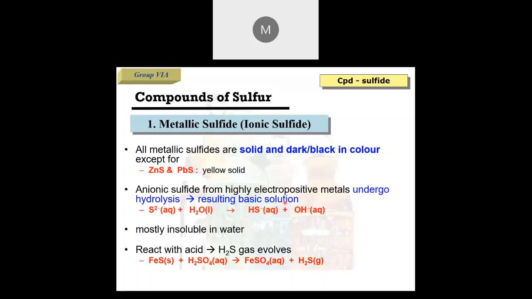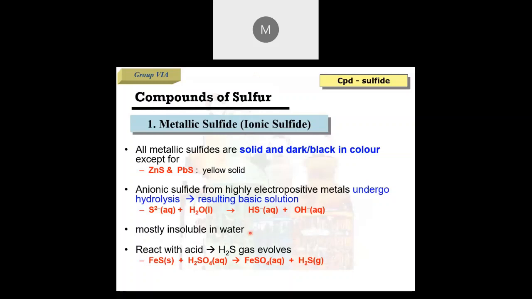When the anionic sulfide reacts with water, it will form hydroxyl groups, which is a basic solution. They are mostly insoluble in water, but those with highly electropositive metals are able to dissolve in water. Most of them are insoluble in water.